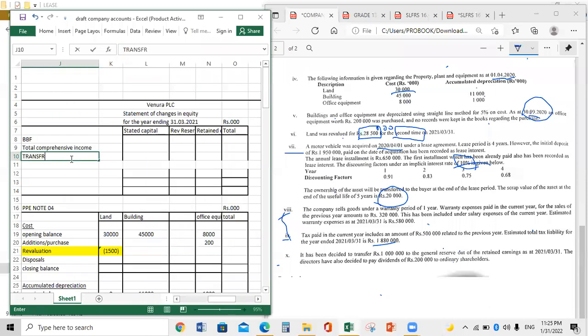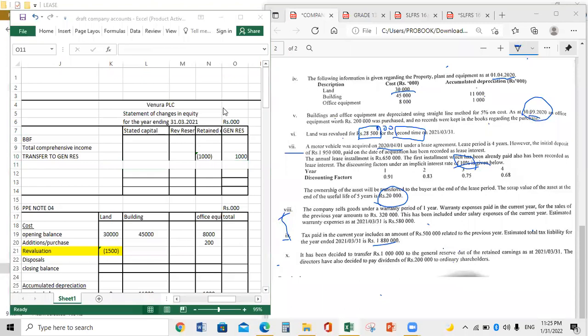How are they making the transfer? They are taking from the retained earnings and recording under general reserve. How much? 1 million, which is 1,000 in thousands. You take it from the retained earnings and record it under general reserve.